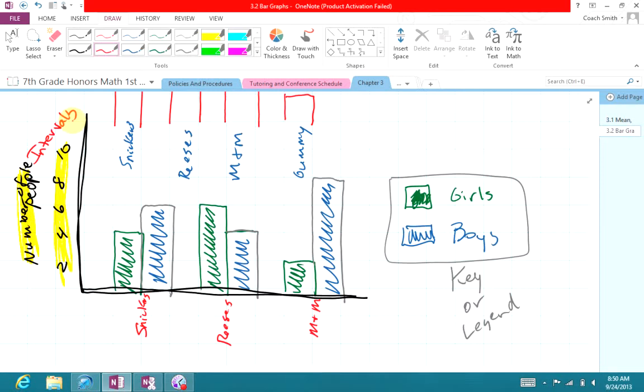Now, we just talked about the visual part of it. You can see real clearly which is the most, which is not, that type of thing, okay? But for our purposes, you must have the number of whatever you're comparing, and you need to describe it like I did here. So if you're comparing millions of dollars, then you put millions of dollars, if that's the number of things that you're looking at.